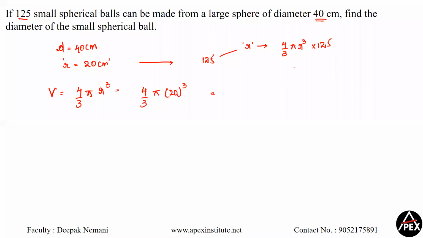So the total volume will be 125 into 4 by 3 pi r cube. So I can cancel 4 by 3 pi on both sides. So r cube is equal to 20 cube by 125, or r cube is equal to 20 by 5 whole cube.